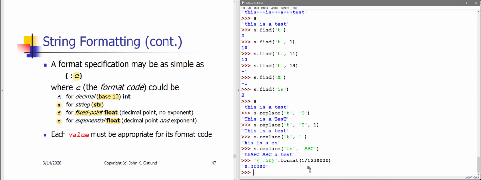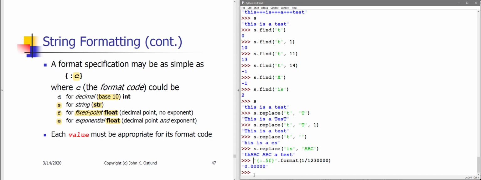Well, that value is so small that when we display it to a precision of 5 digits after the decimal point, all of those digits are 0. That doesn't mean the value is 0. That just means that the displayed part of the value is 0.